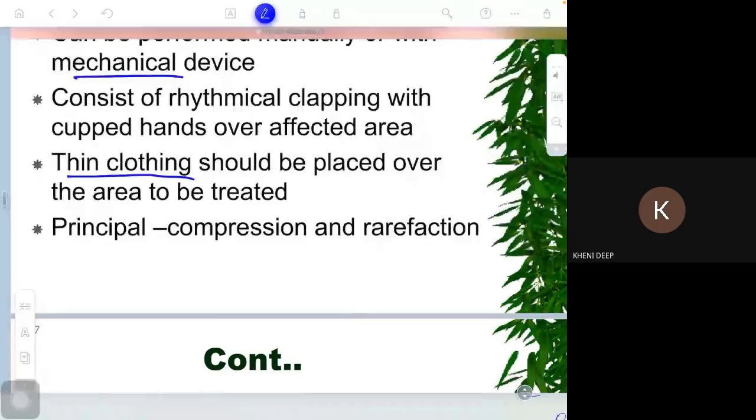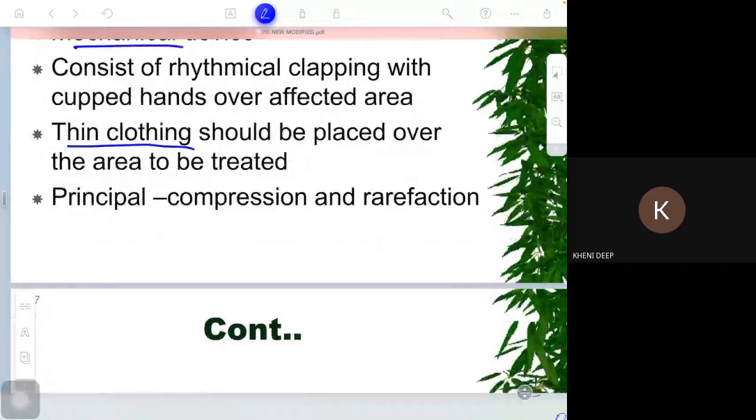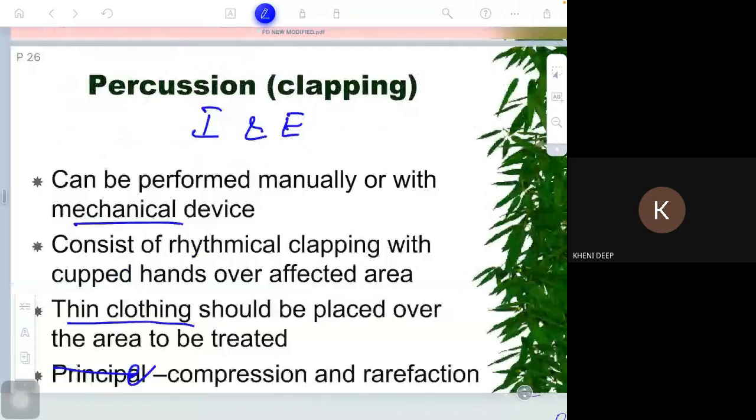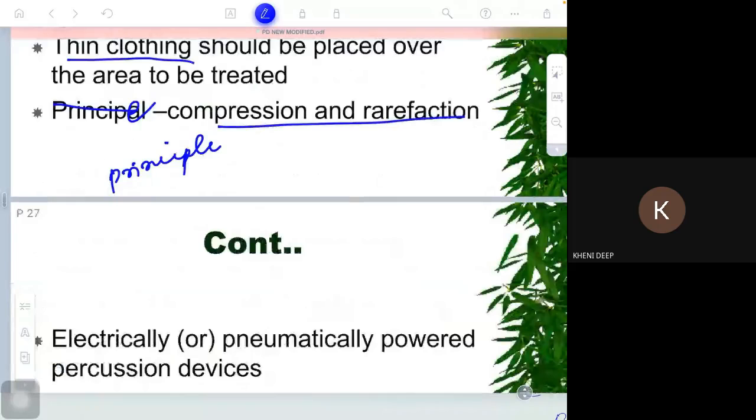And what is the principle behind the clapping? It is compression and rarefaction. Clear?